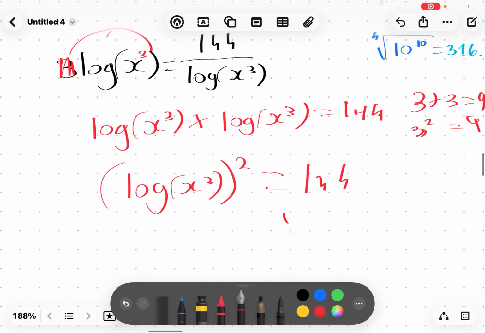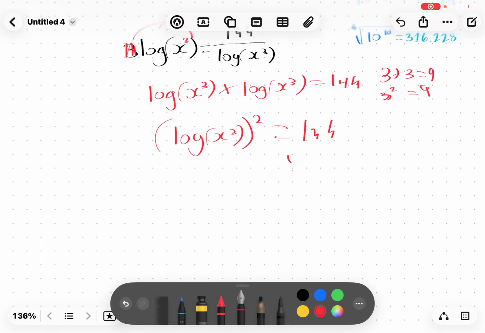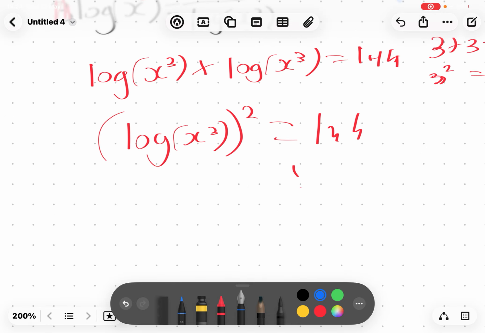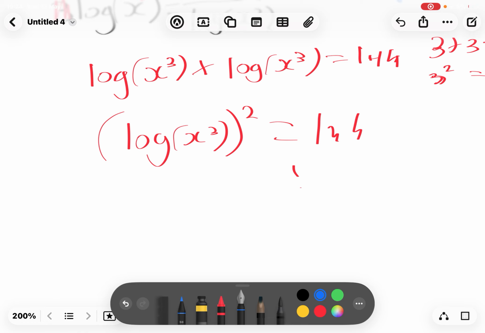Okay, I need to speedrun this. So, after that, we need to get rid of the square, so we just square root both sides.